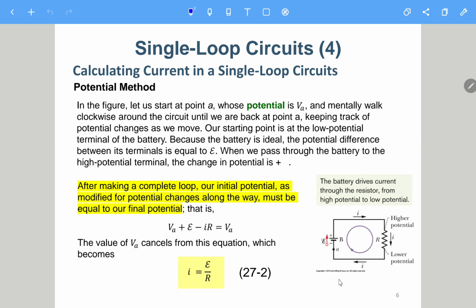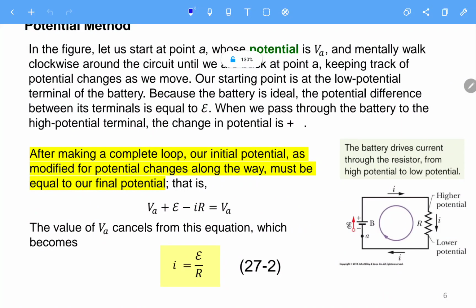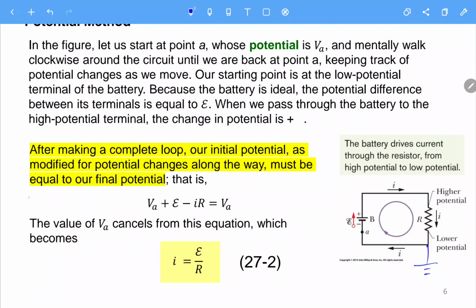Okay, for this simple circuit, we don't necessarily need the so-called KVL, Kirchhoff voltage law. Before, we talked about the Kirchhoff current law, which means that for a single node, the total current going in and total current out are the same.